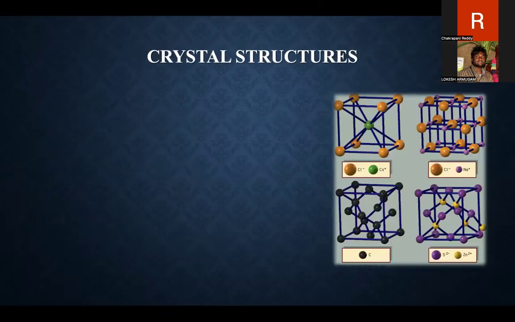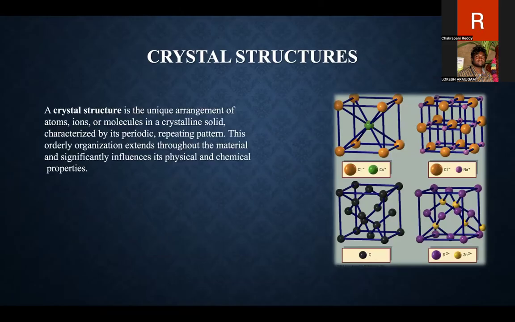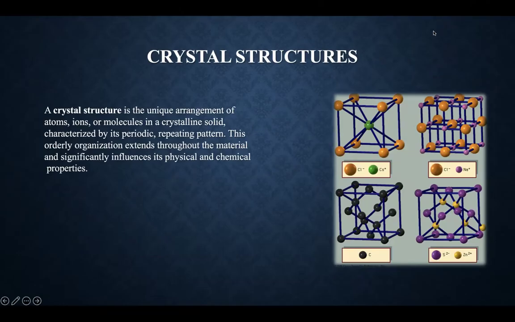Crystal structure. What is crystal structure? It is a unique arrangement of atoms, ions, or molecules in a crystalline solid, which is characterized by its periodic or repeating pattern. This orderly organization extends throughout the material and significantly influences its physical and chemical properties.